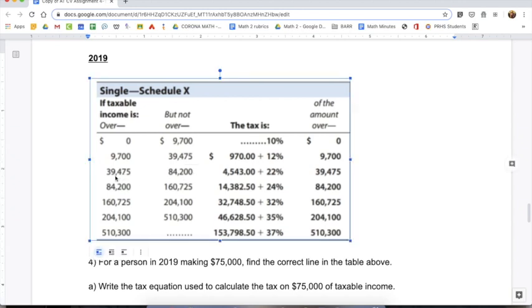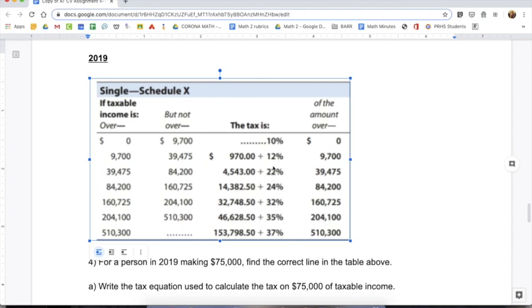We are looking at $75,000, so that falls in between this $39,475 and $84,200, which means that the first two layers of the tax added up to $4,543, and then this last layer of tax, which is everything over $39,475 up to the $75,000, is going to get taxed at a rate of 22%.